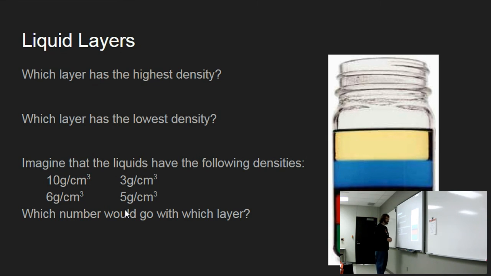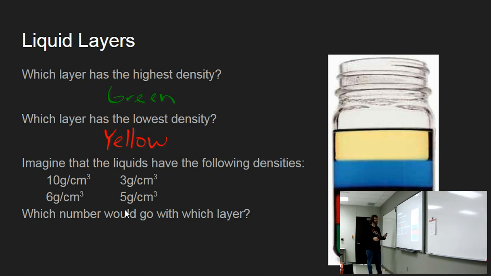That's kind of the answer to the first two questions. Which layer has the highest density? The green layer obviously has the highest density because it is on the bottom. Which one has the lowest density? I don't have a yellow marker, so I'm going to do it in red. The yellow one is on top, so it must have the lowest density. I'm given a table of densities, and I could match them up to which layer it likely is.